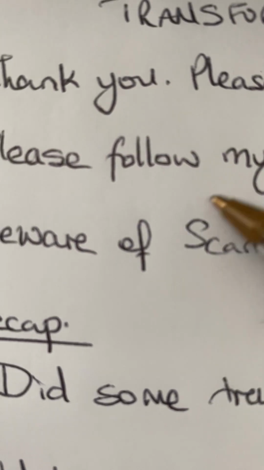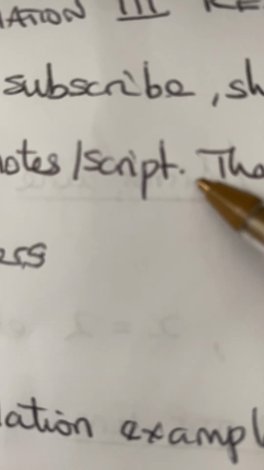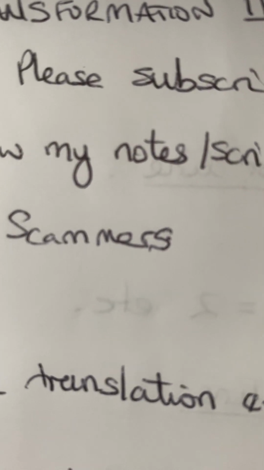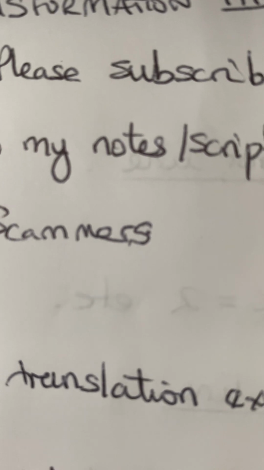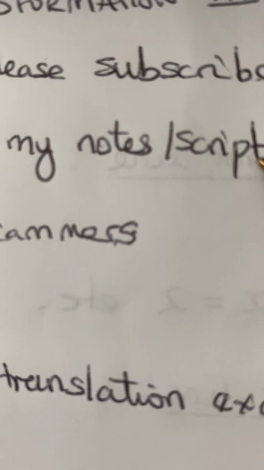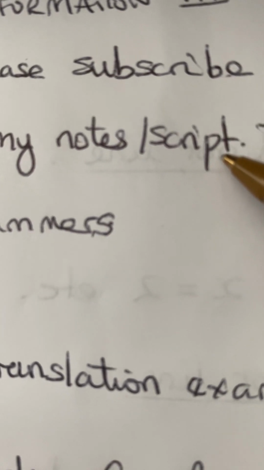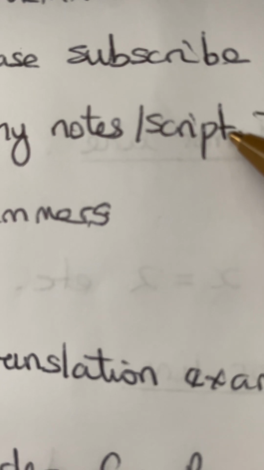I normally write in the comment section, please follow my notes/script. It's a good thing to do. For example, we are doing a lot of graph work now. So with this graph work, you might have to be following the coordinates.